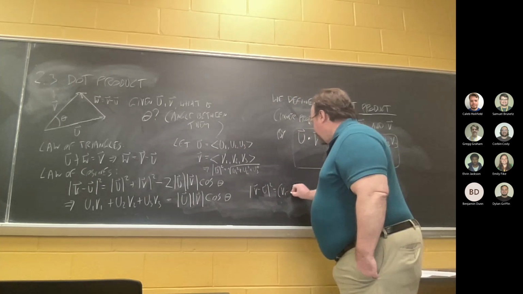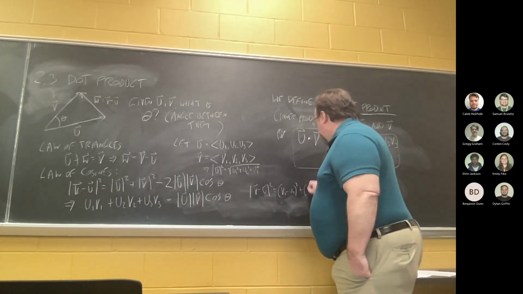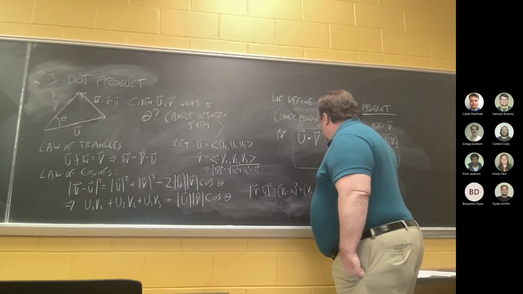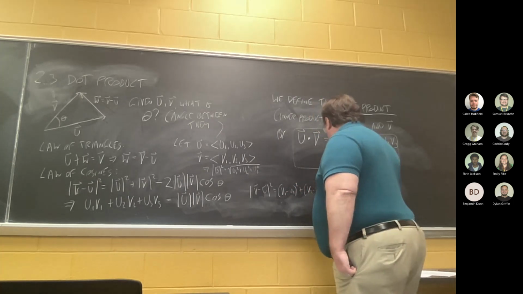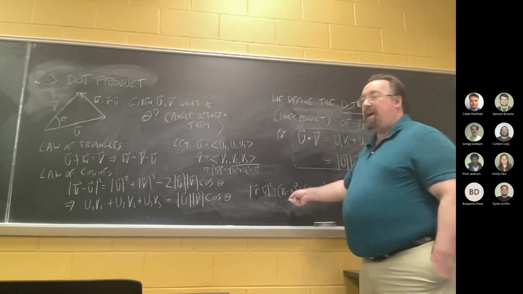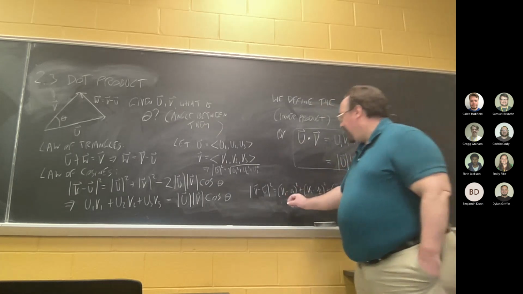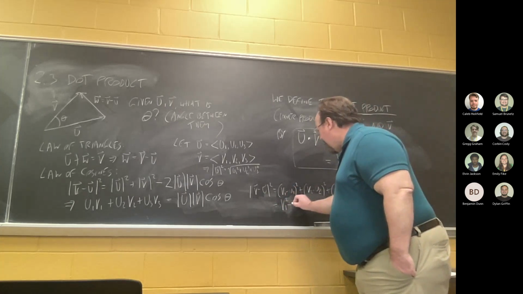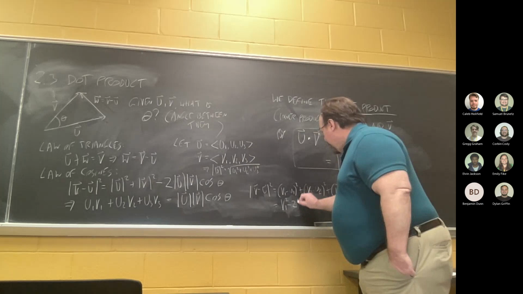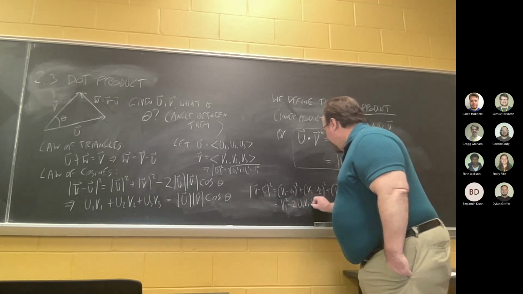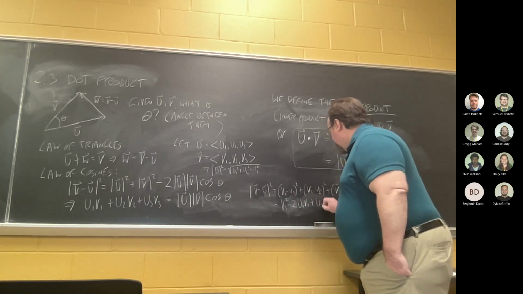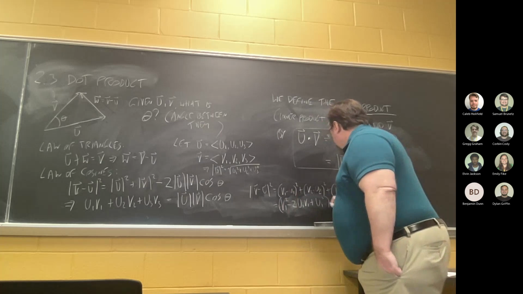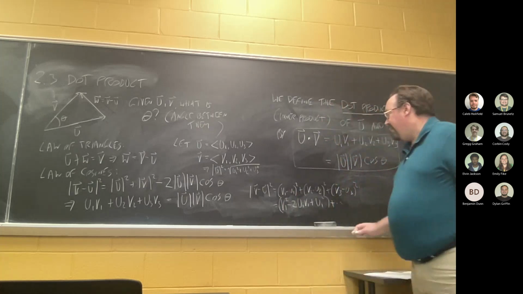We have v1 minus u1 squared plus v2 minus u2 squared plus v3 minus u3 squared. And then what happens when you expand this? I'll just do the first one: v1 squared minus 2 u1 v1 plus u1 squared, and then similar for the other components.